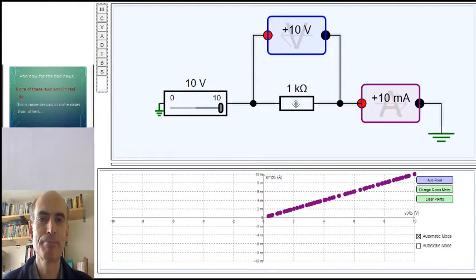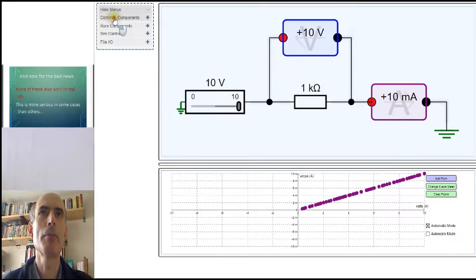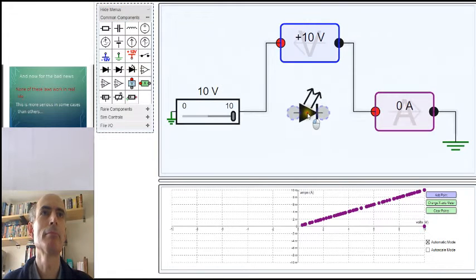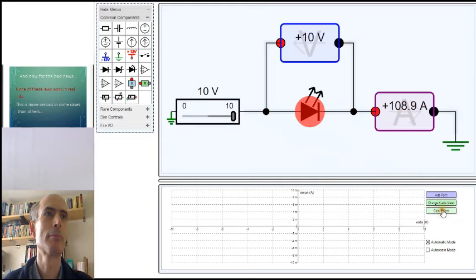Except, what happens if it's not a resistor? We could replace the resistor with, let's say, a light-emitting diode. And now let's try it.